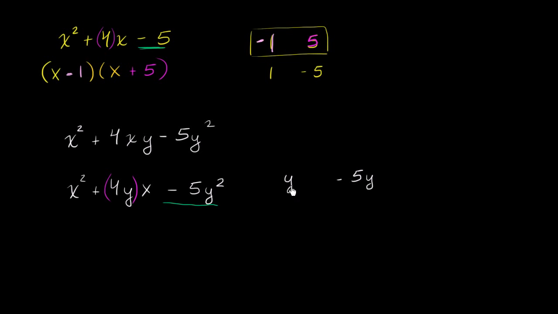But then if I add y to negative 5y, I'm going to get negative 4y. So this doesn't work. But let's see if we swap the two signs. So what about negative y and positive 5y? Well, here, if I take the product of negative y and 5y, it will be negative 5y squared. And if I take the sum, negative y and 5y, it will be positive 4y.